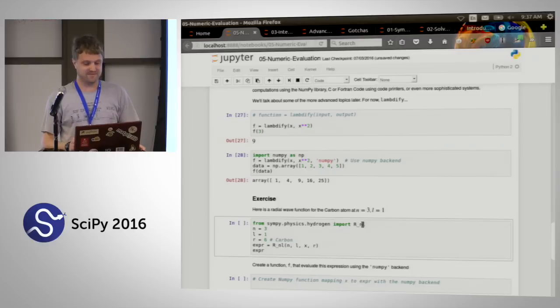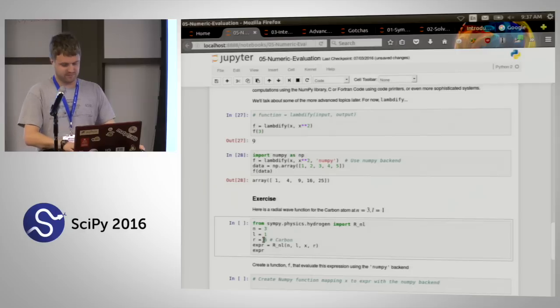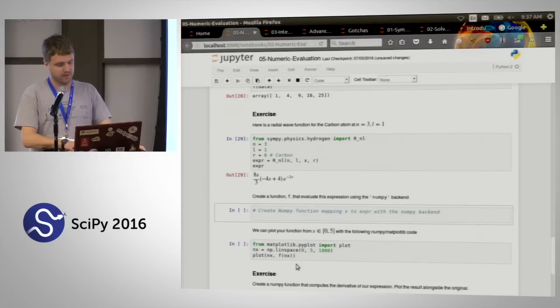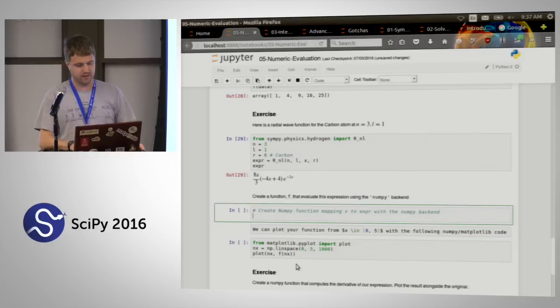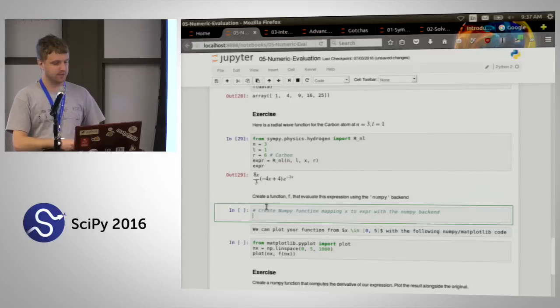Oh, yeah, so it's carbon because we're setting Z equal to 6 here. Anyway, this is the expression that we're evaluating. And so now the exercise is to create a NumPy function out of this expression using lambdify.